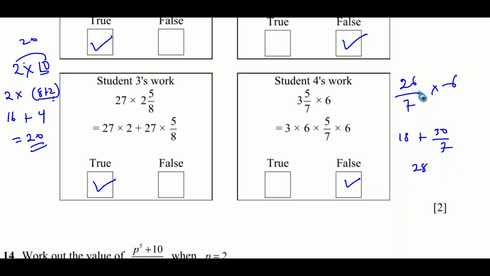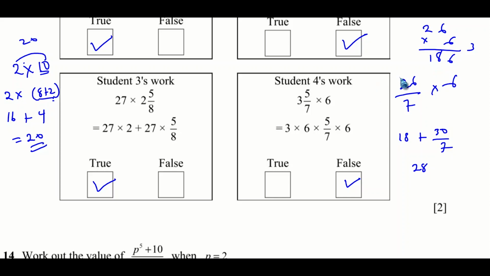But look at this now. If you do this, okay, 26 times 6 alone. So just to show you, if you do 26 times 6, don't forget calculator is not allowed. So you can do 6 times 6, 36, you keep 3. 6 times 2, you have 12 plus 3, that is 186.